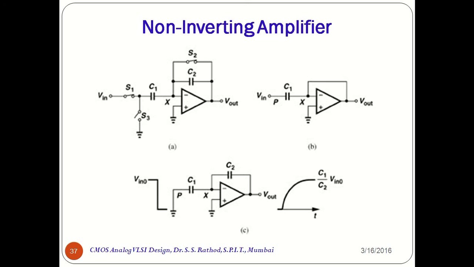So obviously we will have S1, S2 closed when we want to sample the input, and we will open S3. So you will get this second network, and when you want the amplification mode, obviously you will open S1 and S2 and you will close S3. So you get this second network, correct?